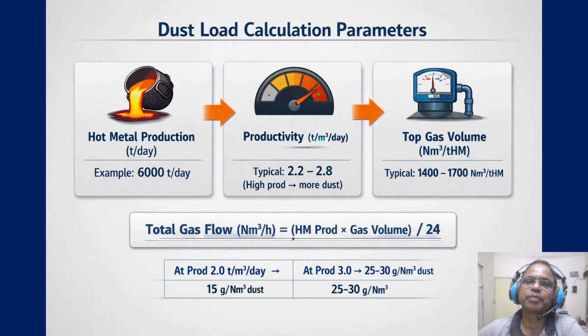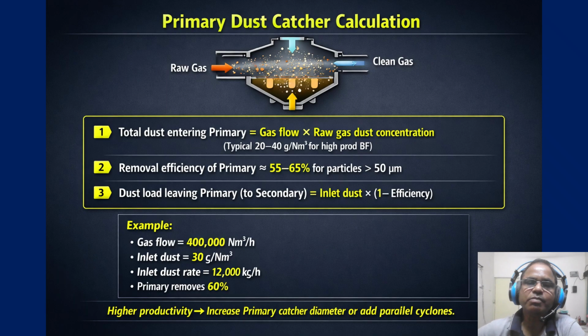So coming to our primary dust catcher, it basically deals with the coarse dust load. This slide shows the step-by-step calculation for the primary dust catcher, usually a gravity settling chamber or a simple cyclone.